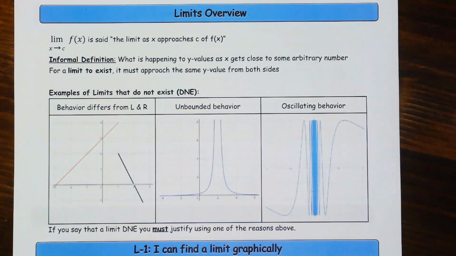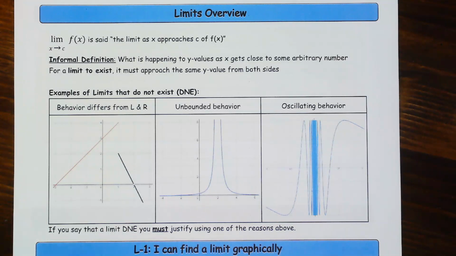Because my goal with these videos is to just give you guys really understandable information, I'm just going to give you the informal definition. What is happening to the y values as x gets close to some arbitrary number. So basically, what we care about is y. Our output is going to be y.